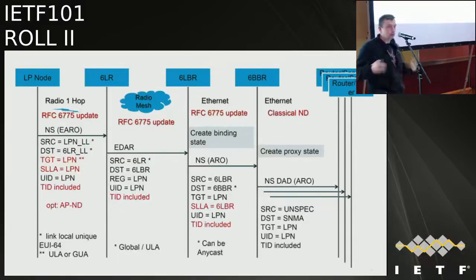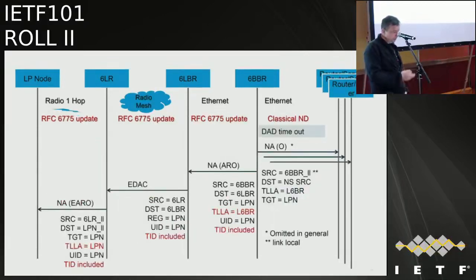Okay, so there's no need to have one LBR for all the prefixes which are around. Each prefix has its own LBR. So after a timeout, you see that the backbone says this address is unique, and then the NA with EARO for the proxy operation turns into a DAC message, turns into an NA with EARO.